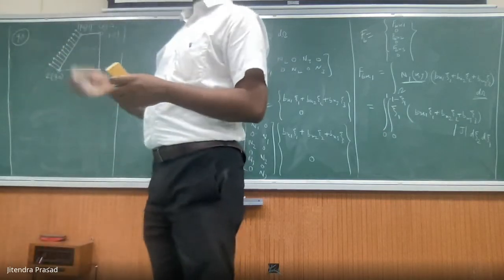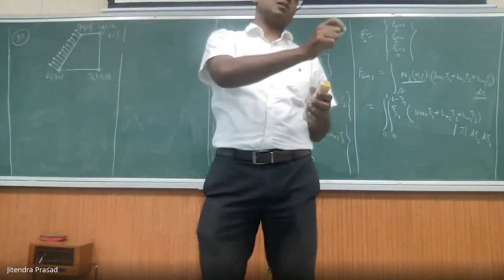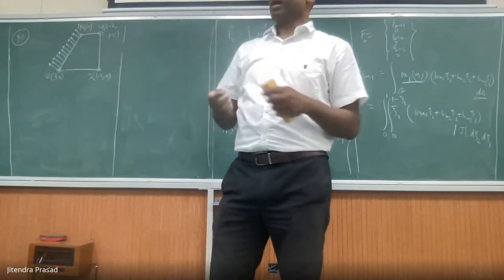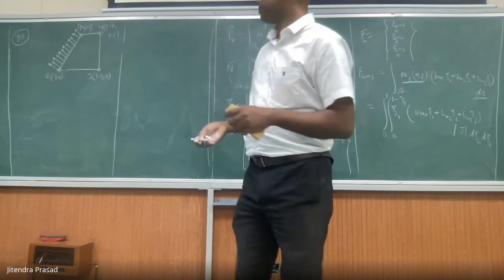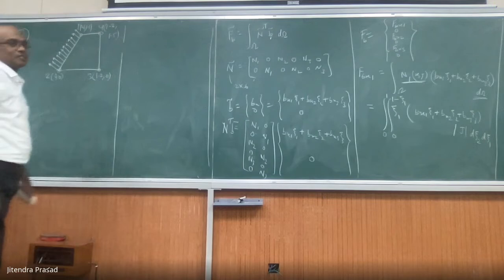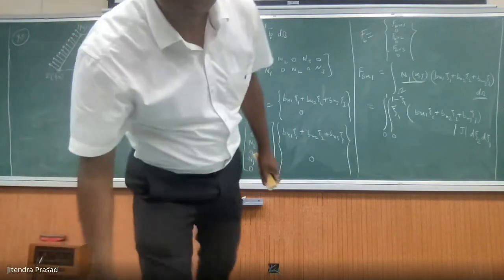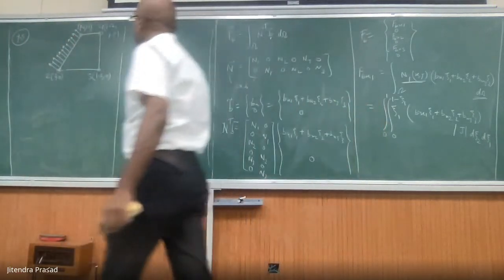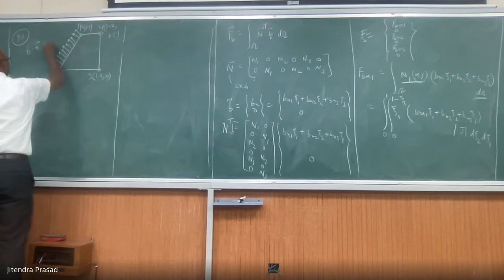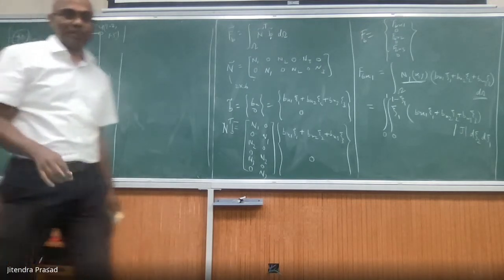Number 2, given the force vector, you have to find out the body force and the nodal forces. Number 3, you have a traction like this, where the value given is 6 dot n.